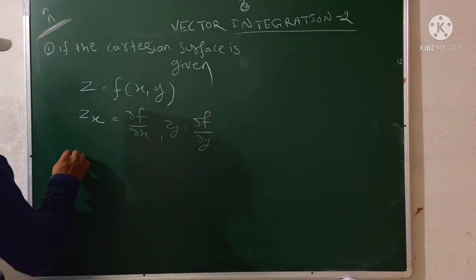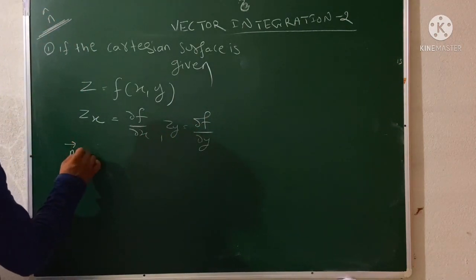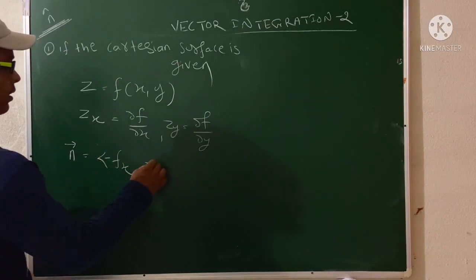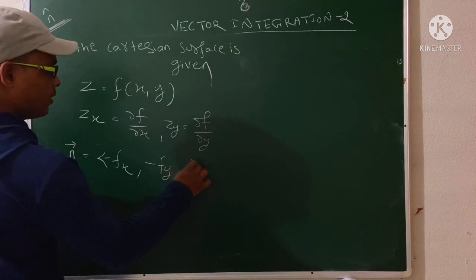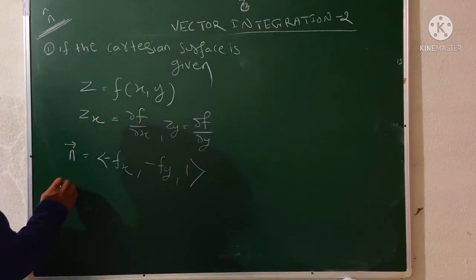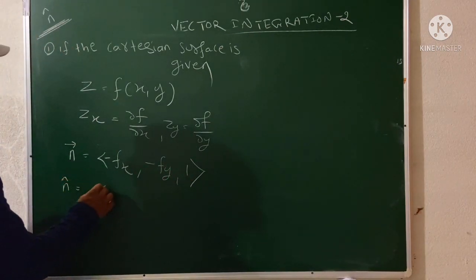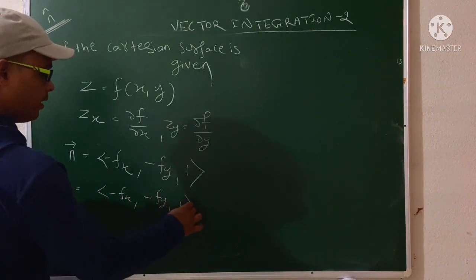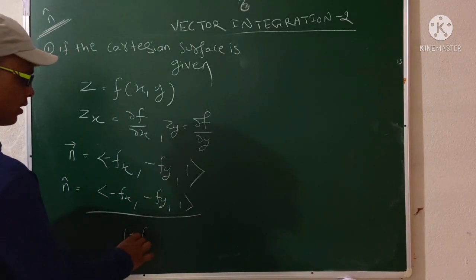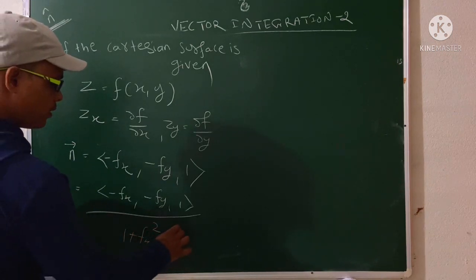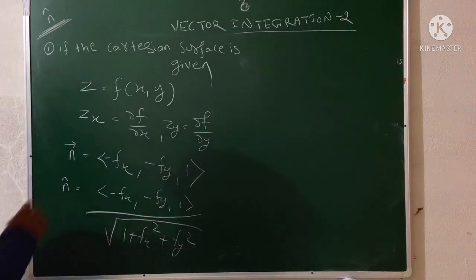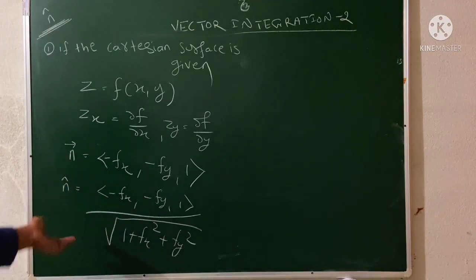So what is my n vector? My n vector is nothing but minus f_x, minus f_y, and then 1. So this is the n vector. So your n cap will be minus f_x, minus f_y, 1 divided by the root over 1 plus f_x square plus f_y square, because this is the unit vector. So you have to find the n cap.